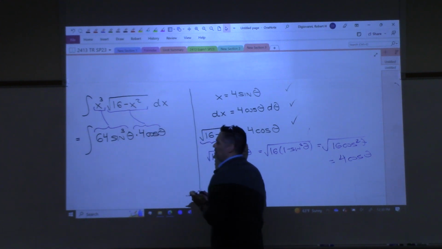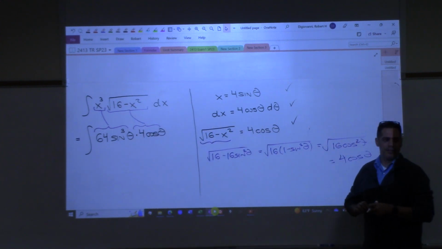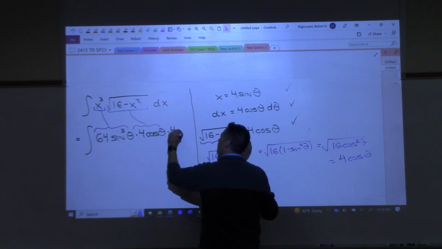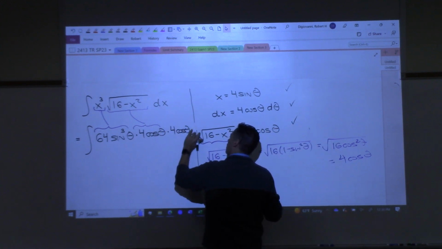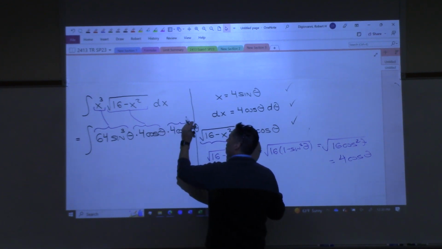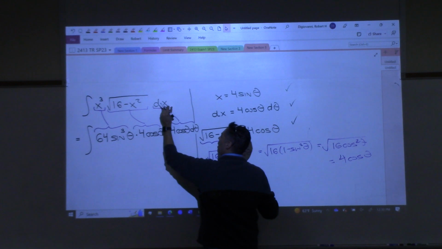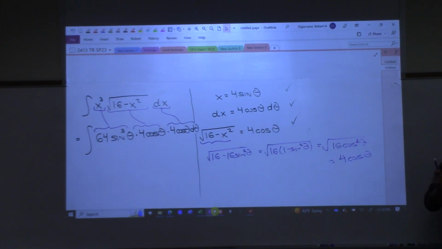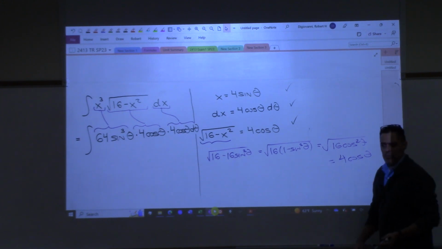And finally, do not forget it, the dx. What's dx? 4 cosine theta d theta. Constants are about to come out because they're a pain to have. Everyone see where all those pieces came from? Do you see that we now have a trig integral? That's what the first part of this section was about.